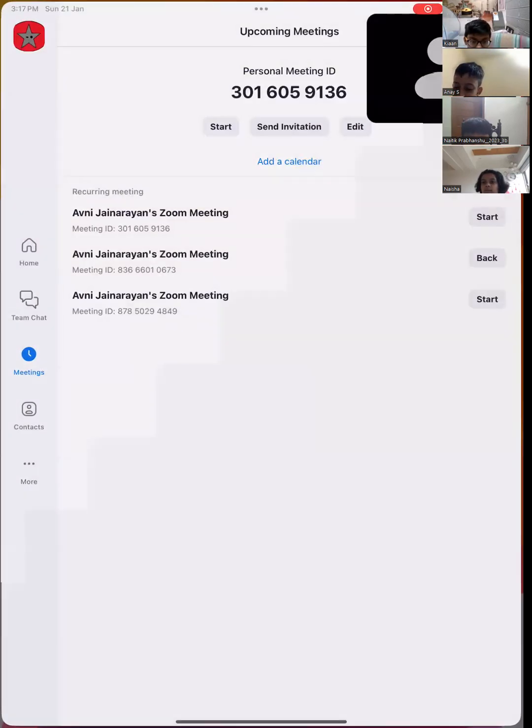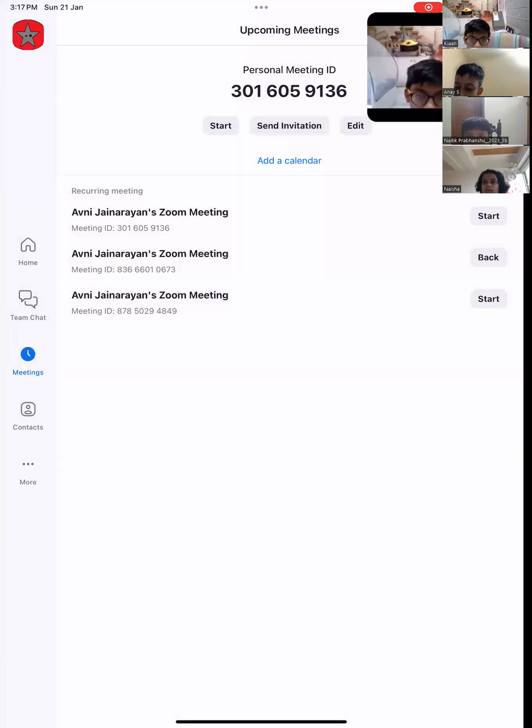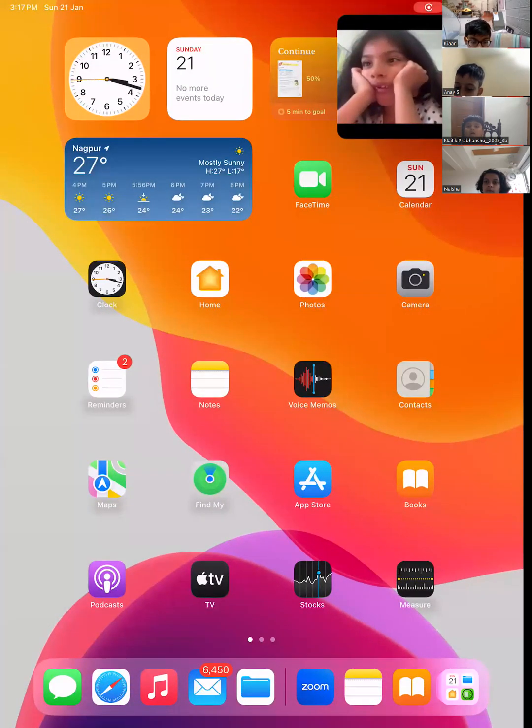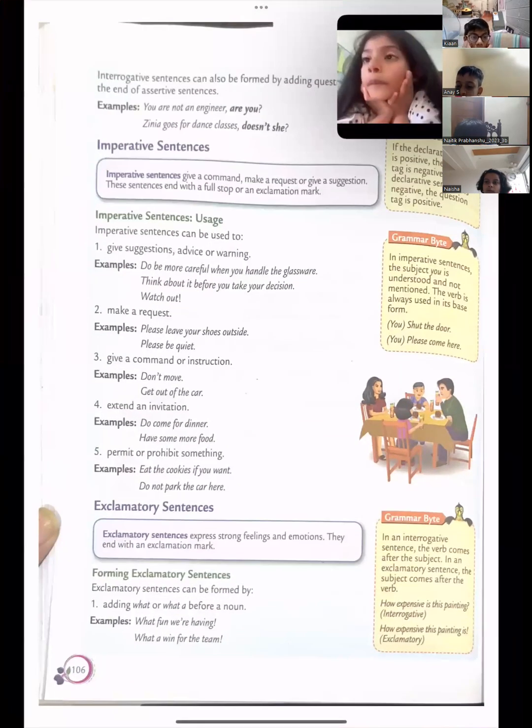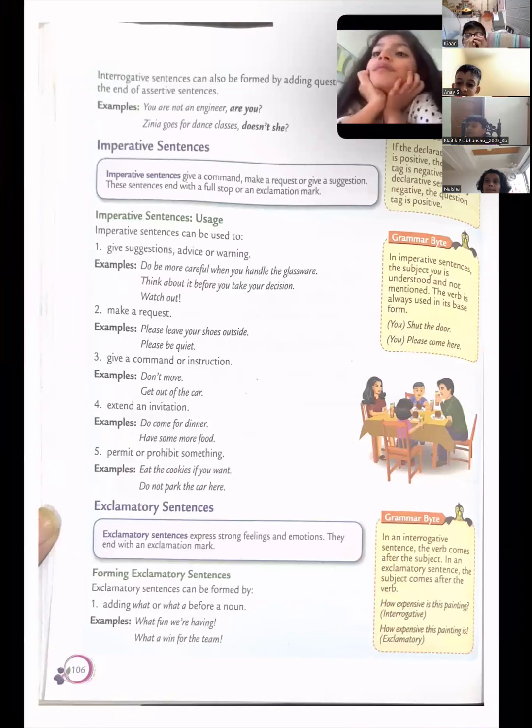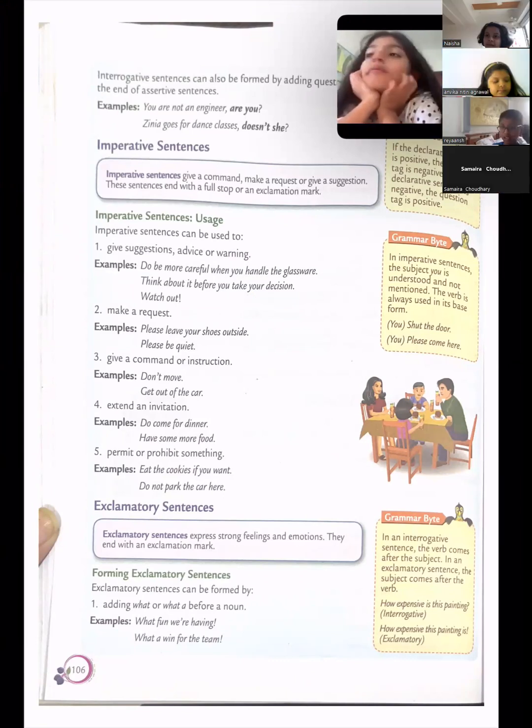Okay, let me brief you then. Just a second. Let me brief you. How about Anahita? Do you know the difference between imperative and exclamatory? Naisha, Netik, and Samaira, the younger set of kids. And Rayansh, do you know the difference?